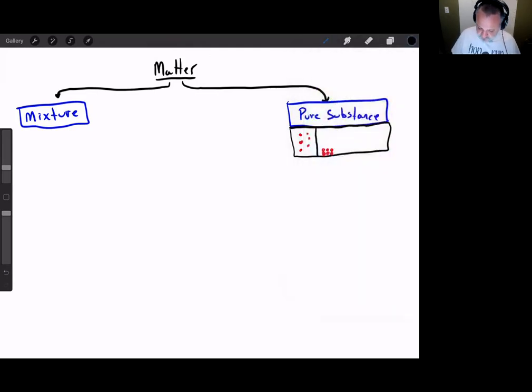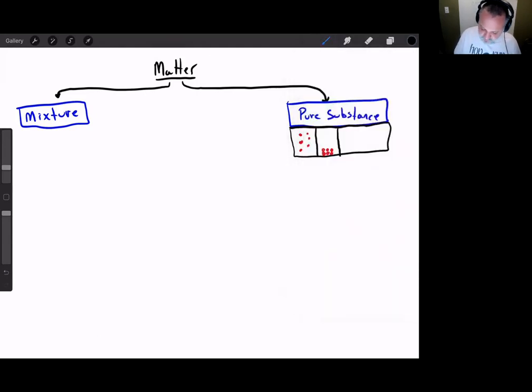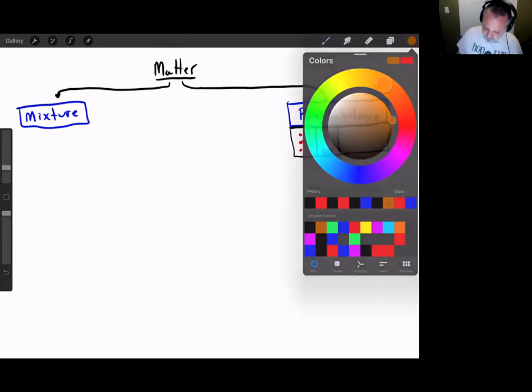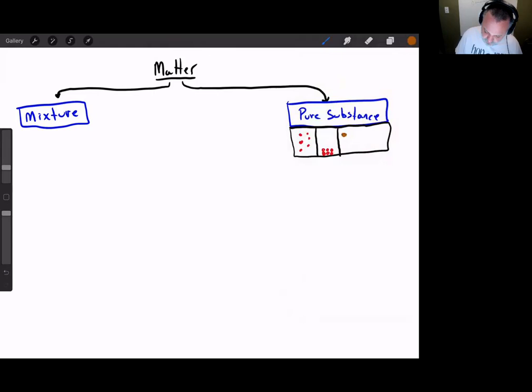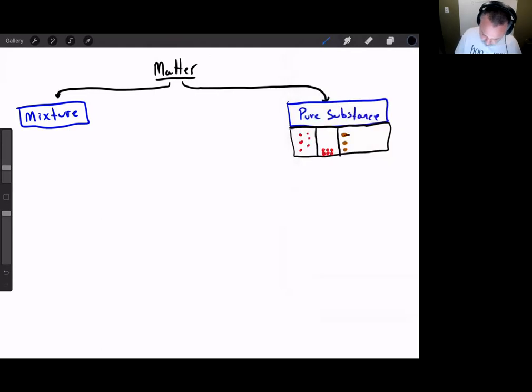Here's some pictures of some pure substances. Here's another picture of a pure substance, and this one really does confuse students quite a bit. This one's a little bit tougher. Why is this one a pure substance?